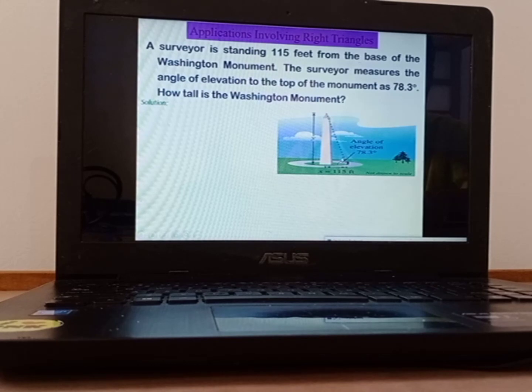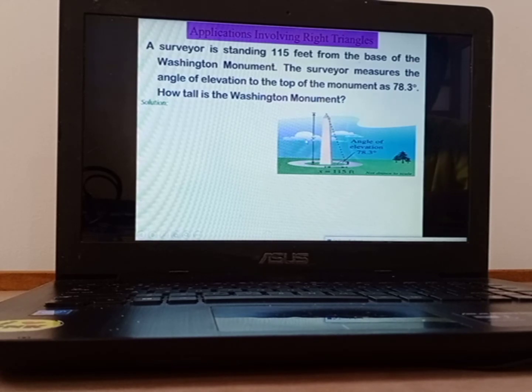If this is our angle, at the front of your angle is your opposite. So our opposite side is y, and beside our angle is our adjacent side. Therefore, the value of our adjacent side is 115 feet, so we have opposite and adjacent.